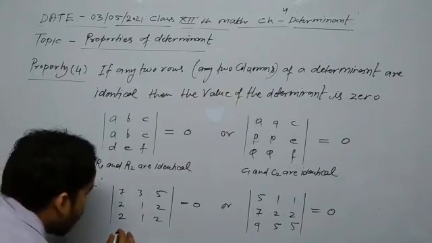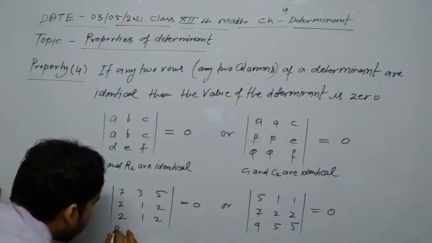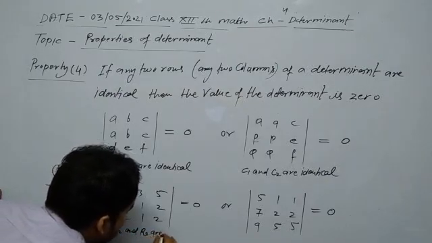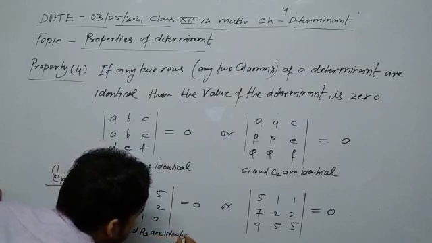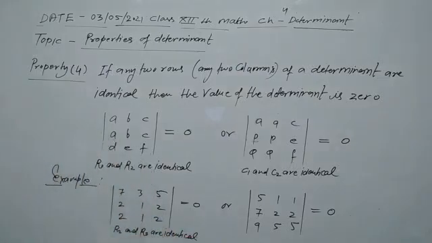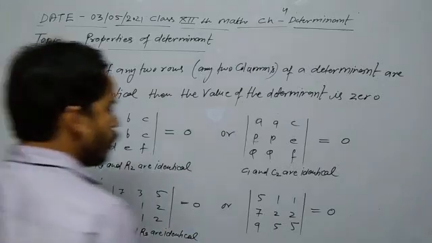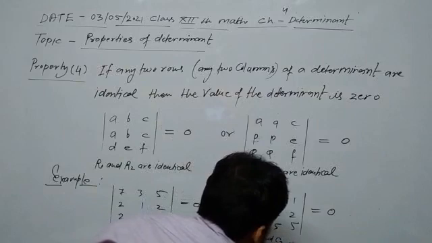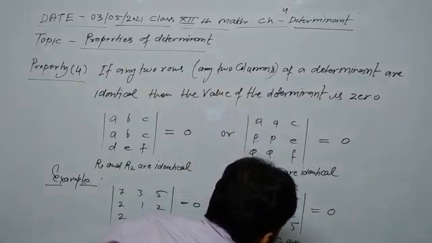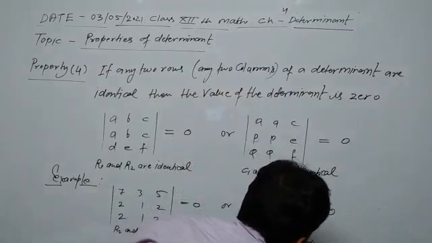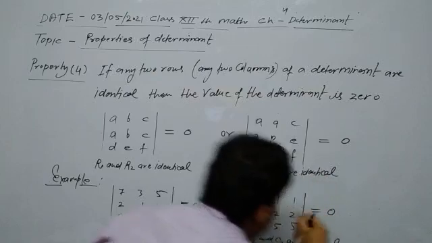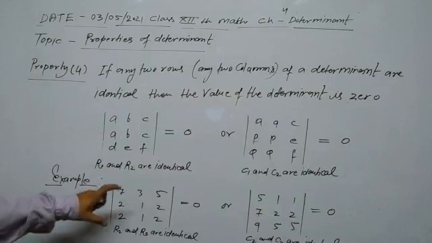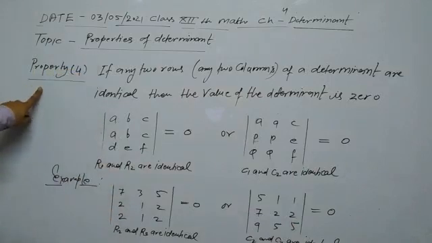You can write R2 and R3 are identical, and C2 and C3 are identical. So this is the example. Through the example you can understand this property.